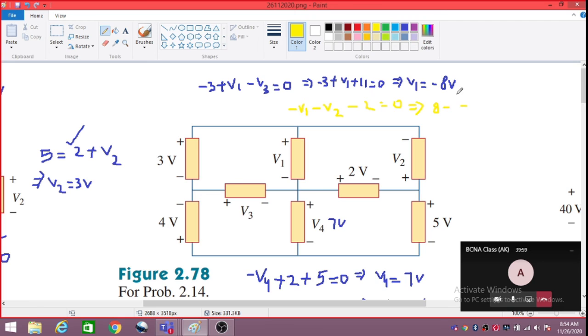V2 we need to find out. Okay. Minus V2 minus 2 is equal to 0.